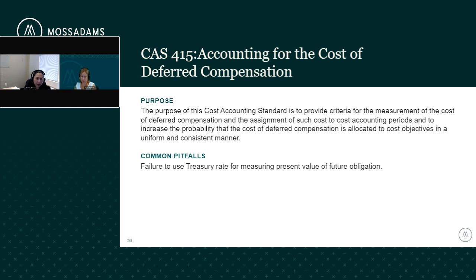The requirement is that, if you have a deferred compensation plan, the cost shall be assigned to the cost accounting period in which the contractor incurs an obligation to compensate the employee. Some of those agreements are set up in a very specific way. They may have vesting periods: when are you actually required to compensate the employee?